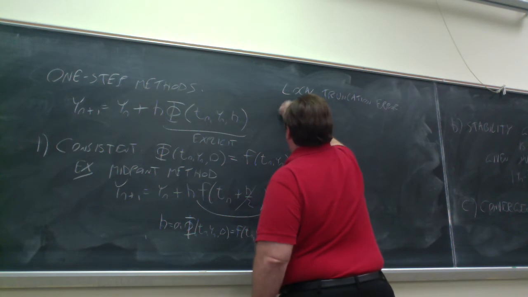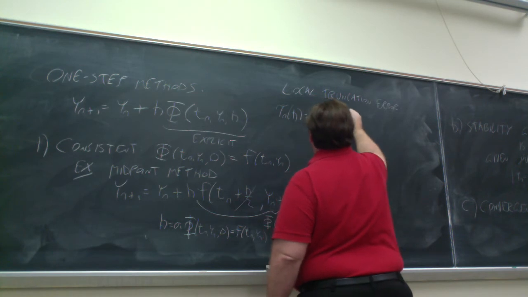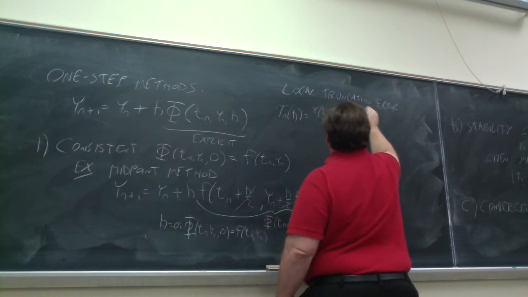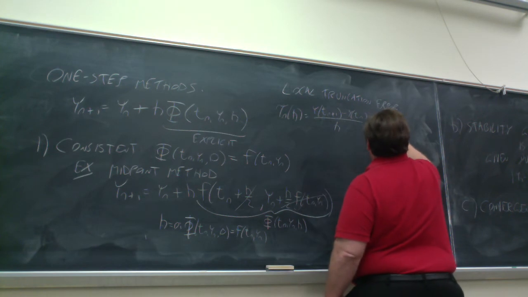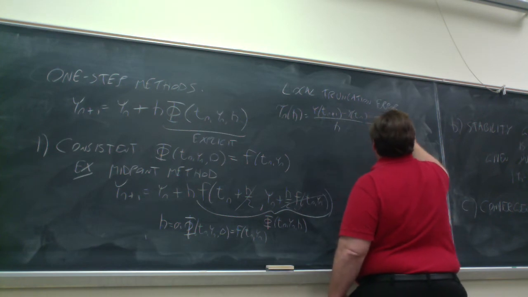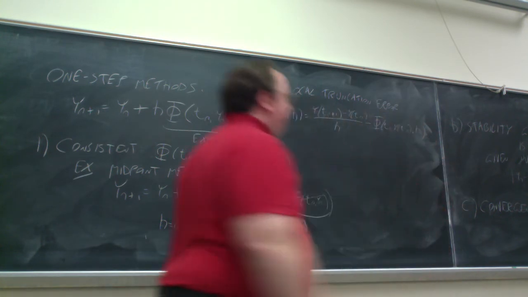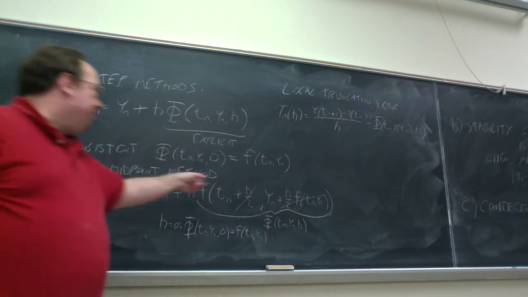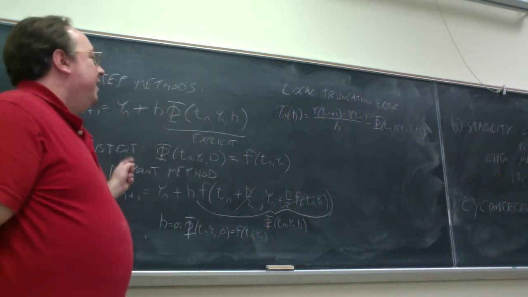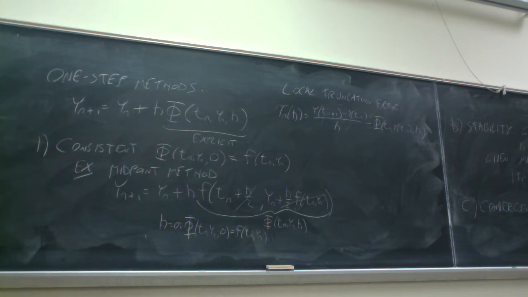So tau n of h is equal to y of tn plus 1, that's the exact solution, minus y of tn, all over h, minus phi of tn, y of tn, and h. What you're doing is plugging the exact solution into this one-step method, isolating everything on one side, setting it equal to 0, and then dividing through by h.